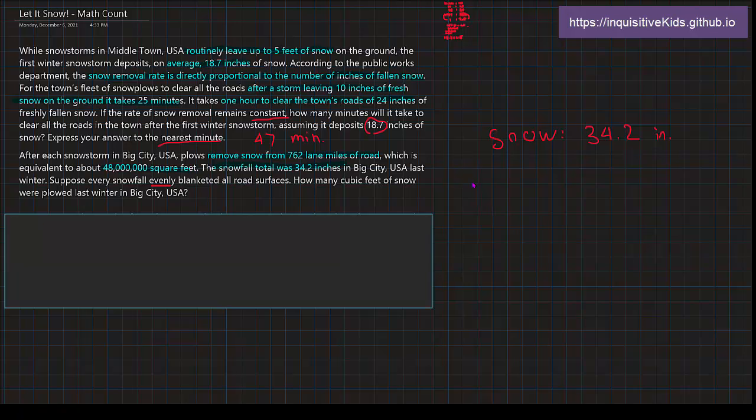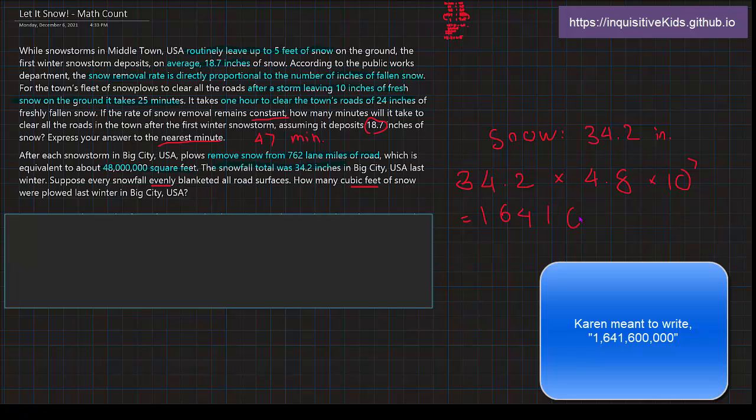So what we can do right here is just times 34.2, and it says cubic feet of snow. So times 4.8 in scientific notation, that's 4.8 times 10 to the 7th power, and you'll get this number right here, and this is your final answer.